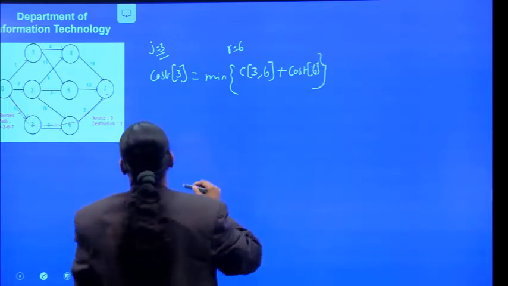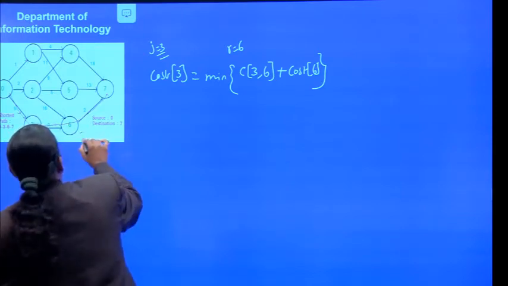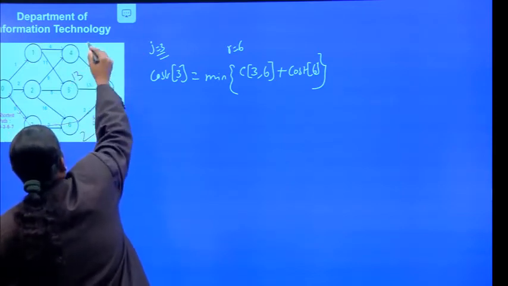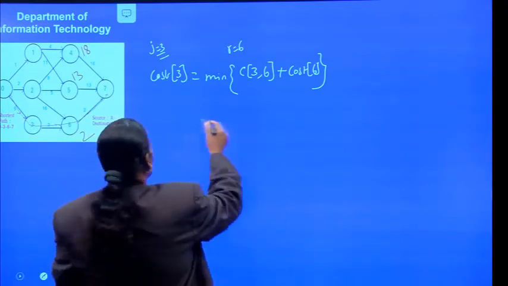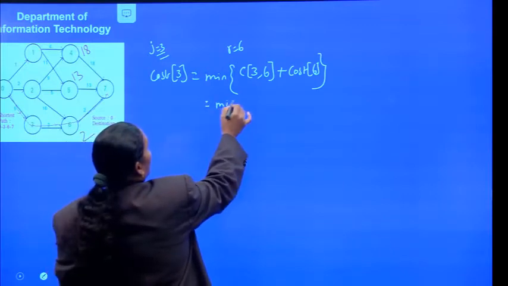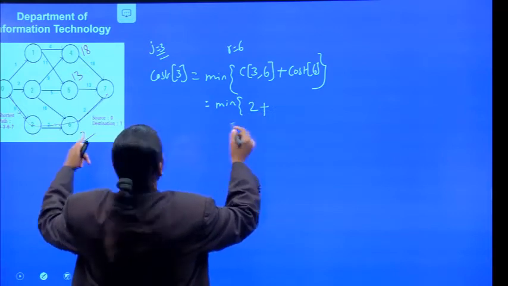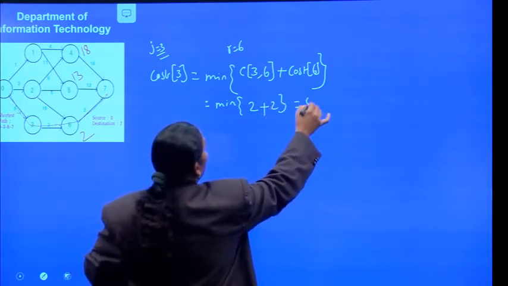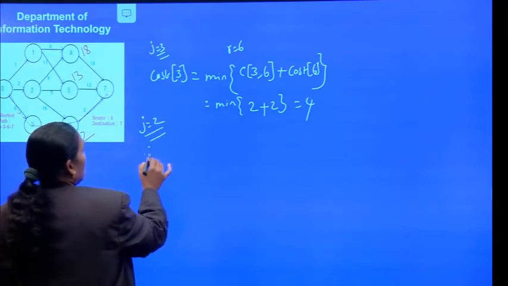Here I find the cost of 6 as 2, cost of 5 as 13 and cost of 4 as 18. Okay, now this is equal to minimum of C of 3, 6. What is C of 3, 6? 2 plus cost of 6 is 2, which is nothing but 4.